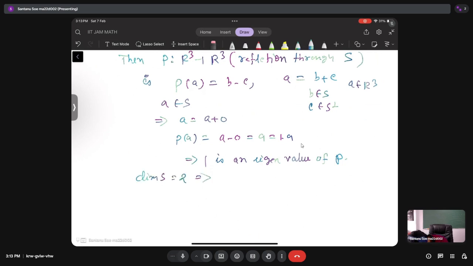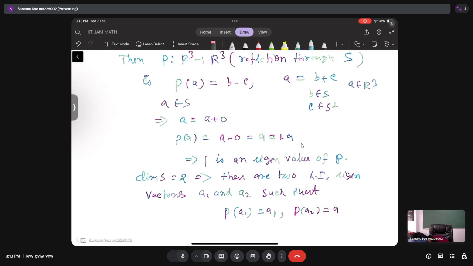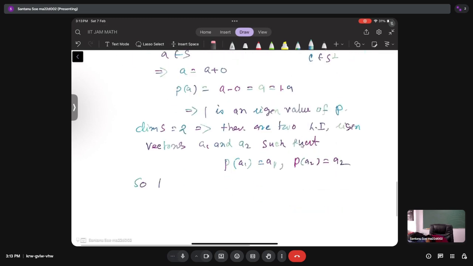So this will imply there are two linearly independent eigenvectors A1 and A2 such that P of A1 is A1 and P of A2 is A2. So 1 has algebraic multiplicity 2.